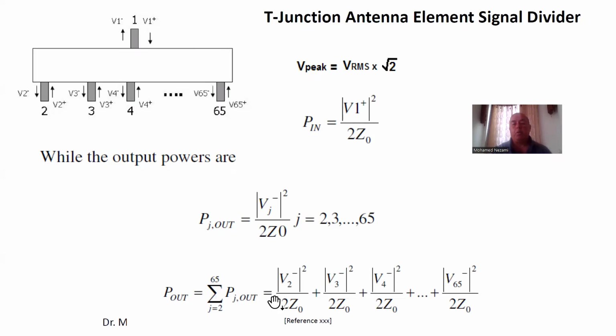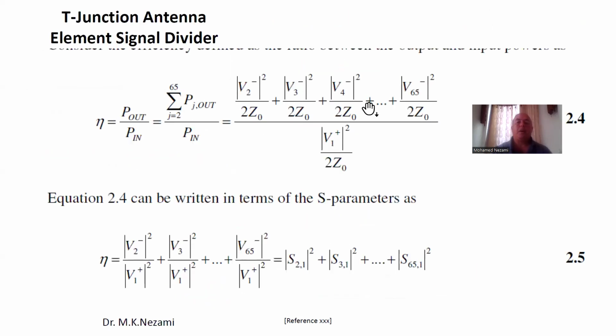While the output power on all of these output ports, if it's uniformly illuminated, is basically the sum of the squared voltages on every individual output divided by 2 Z0. So this is the input, and the output is this. If we take the ratio, the summation of all the power delivered to every element versus input power, we can cancel the 2 Z0 because it's common to numerator and denominator.